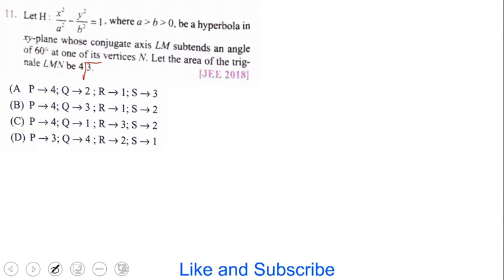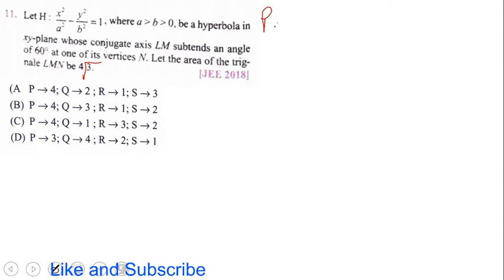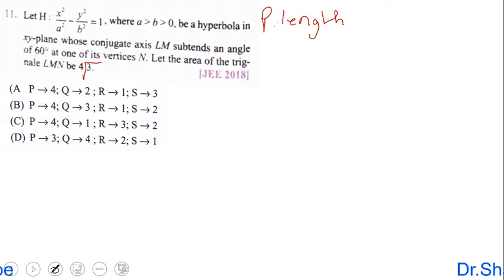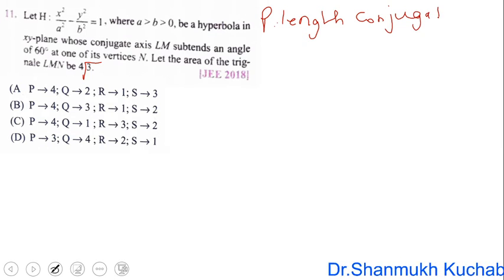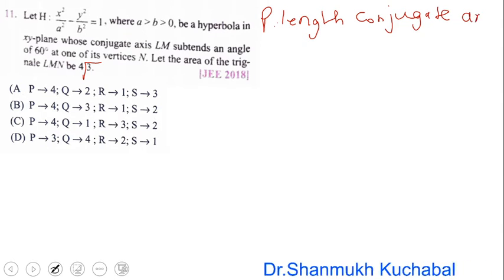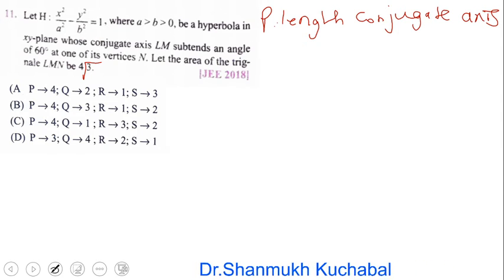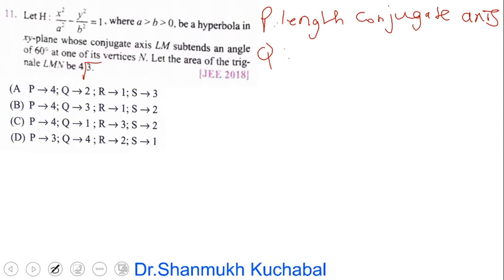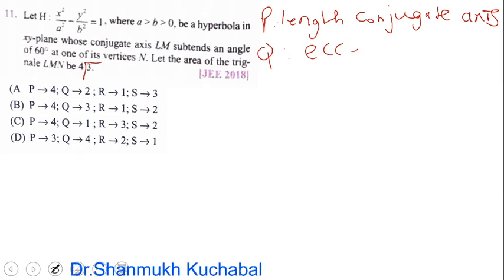So in this question there is a mistake, you have to take it: P will represent the length of the conjugate axis, and Q will represent the eccentricity.